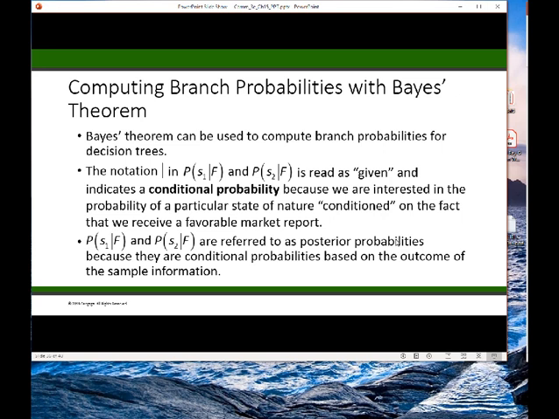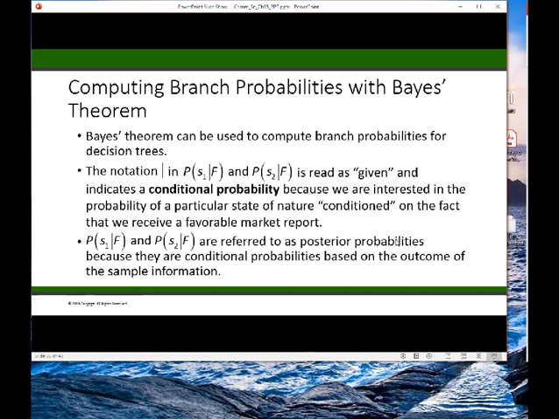But first, let's just go through as a refresher the notation for Bayesian probabilities, because Bayesian probabilities is what we'll be dealing with here. So the pipe symbol, or that straight line, is the notation that's read as "given." So we have the probability of strong demand given a favorable report.